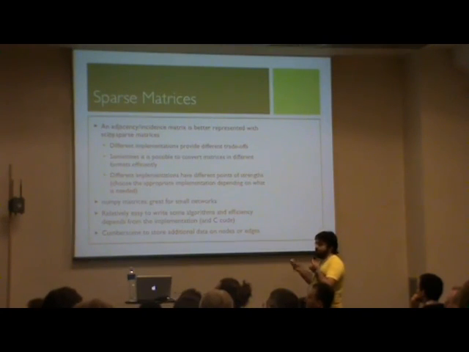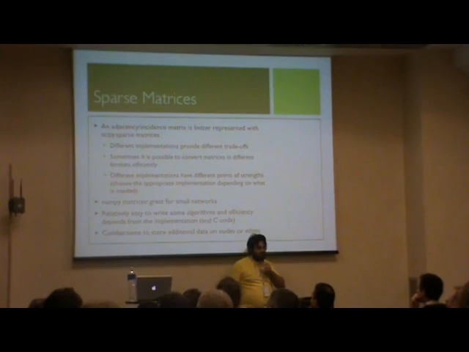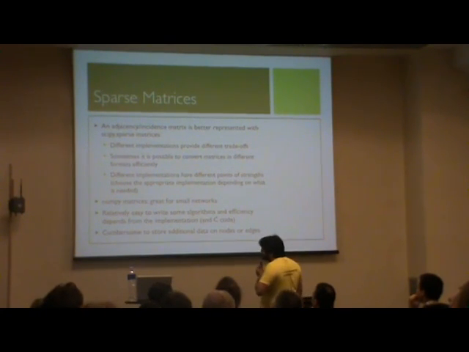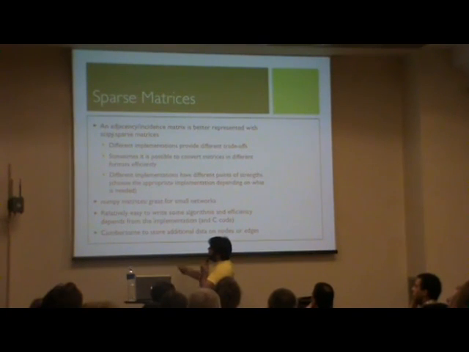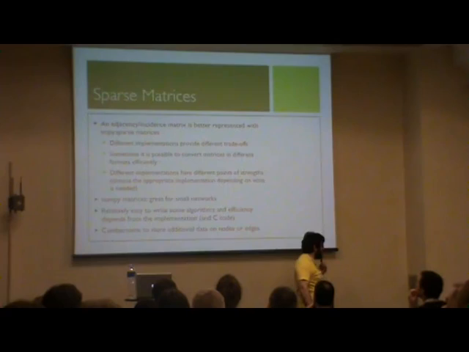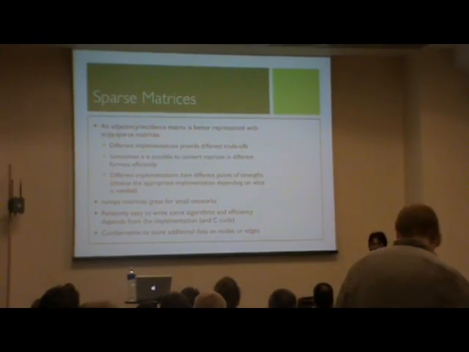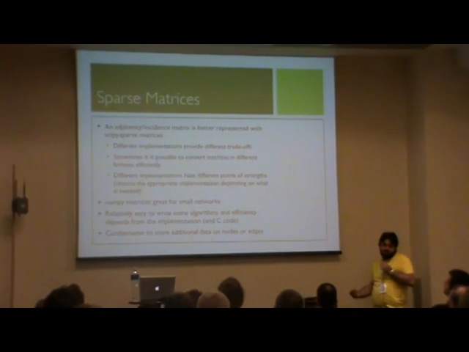And sometimes conversions are possible, but with very, very large networks, this is probably not likely. But anyway, many algorithms are very, very easy to write if you have a matrix notation, because it's the way the maths behind that has been developed.